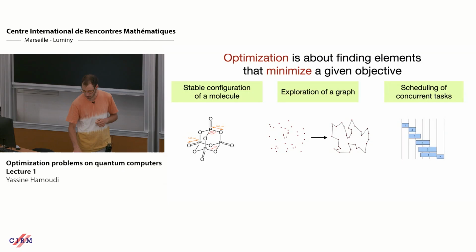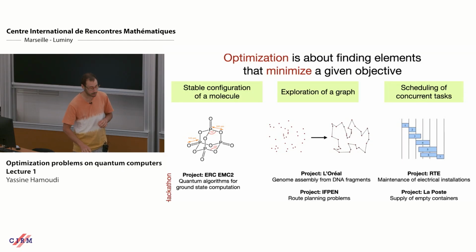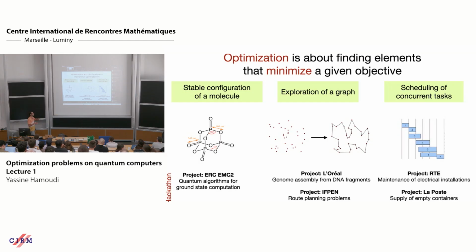There are a lot of other possible examples. I picked those 3 because if you stay for the hackathon project starting next week, there are at least 5 projects connected to this kind of optimization question. One is about computing the ground state, which is related to studying the ground state of molecules. There are 2 projects around exploration of graphs, one made with L'Oréal about finding Eulerian paths in graphs, and one with IFPEN about a route planning problem.